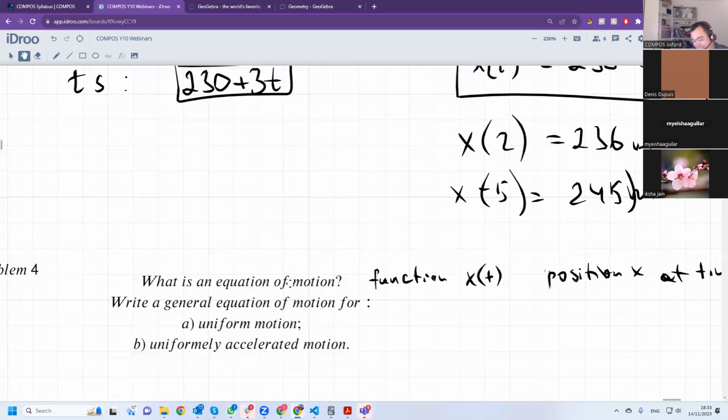Because sometimes it's not obvious. If you remember in the first assignment, the last question on maths was an equation of motion of an object.